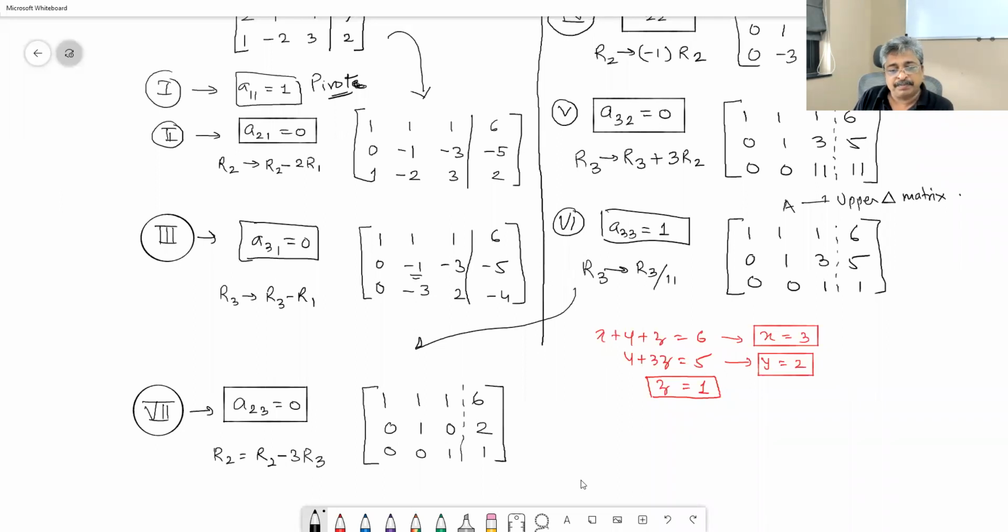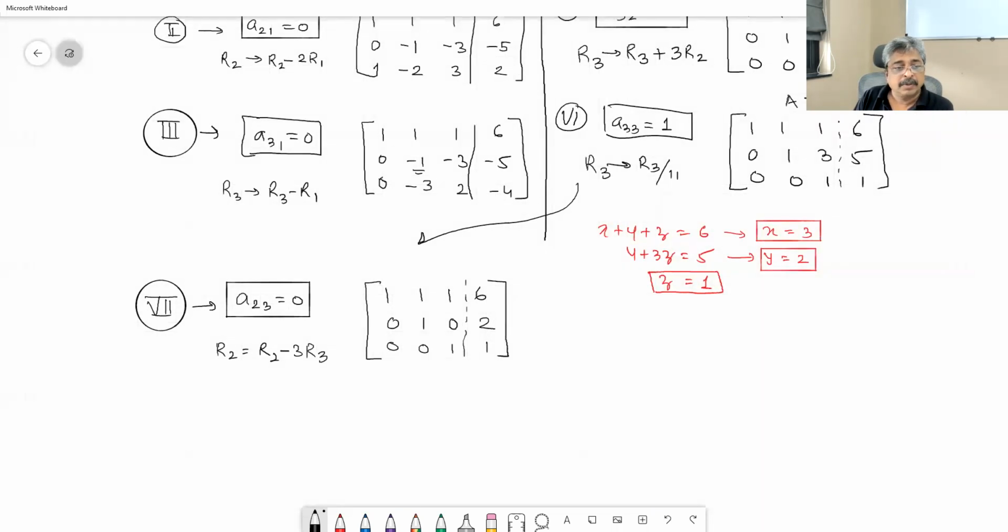Now the next step, the 8th step, is to make A13 equal to 0. How do we make A13 equal to 0?